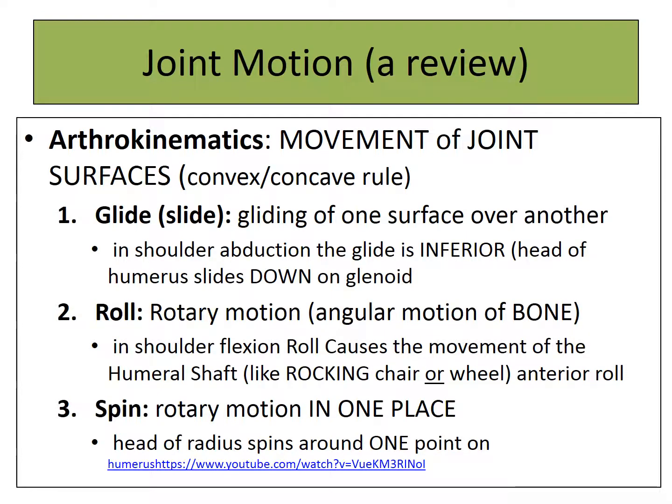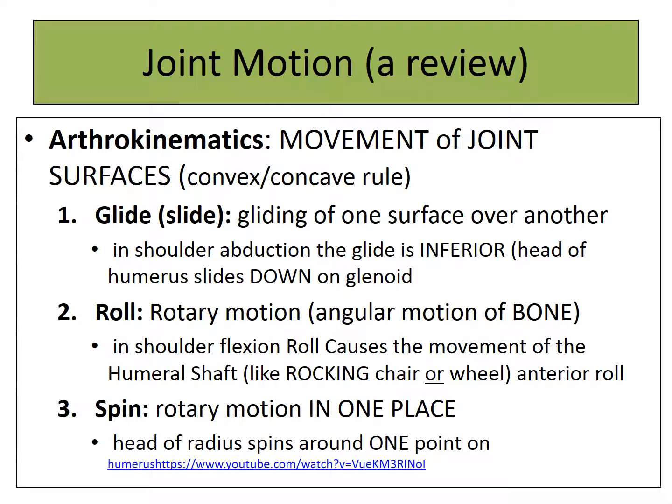So when we look at this, the roll is going to be in what direction? As you move your arm into abduction, you are going to have a superior roll. Just like you can look at your arm, your arm is moving superiorly, so is the roll.